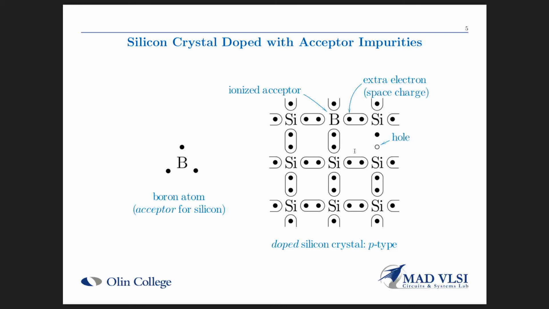And so when we dope silicon crystal like this, we can control or change the electrical properties of the material to a very large extent, while we're leaving the mechanical properties of the material largely unchanged, which is amazing.